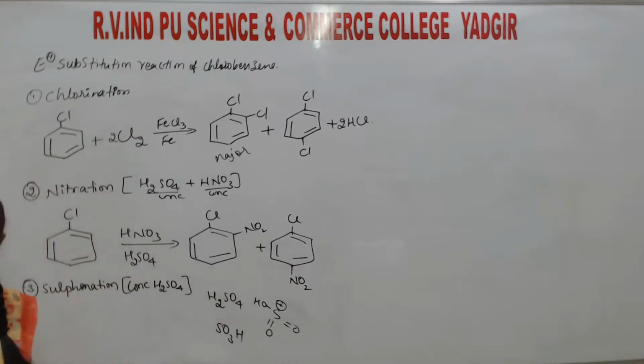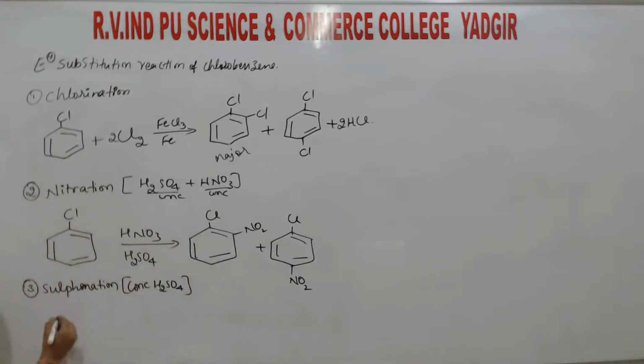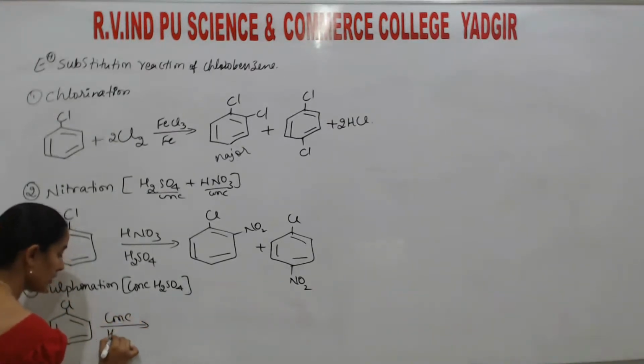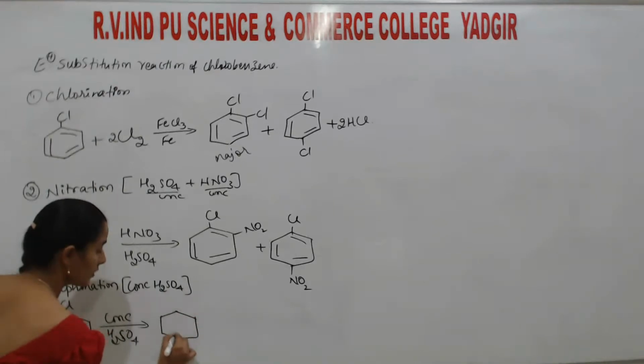Understood? That is sulfonation. So you are going to take the benzene ring here. That is chlorobenzene treated with concentrated H2SO4 undergoes sulfonation, forms which type of product?